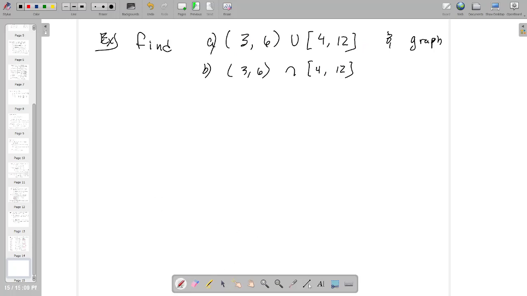So let's look at these. 3, 6. And these are parentheses, so we have an open set here. It's like this. And then graph 4, 12.